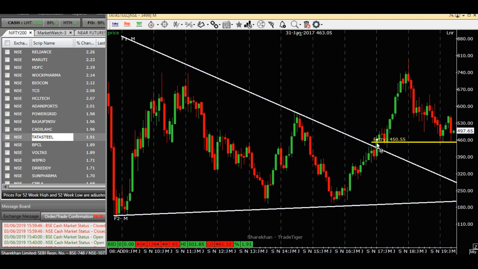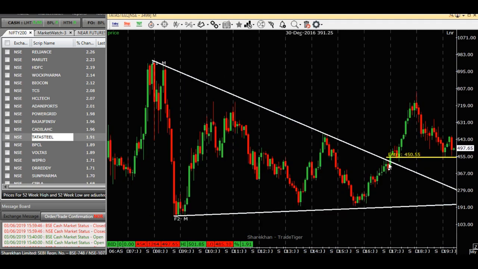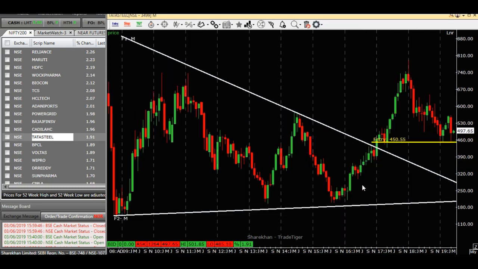Okay, because many times what happens is we tend to get some breakouts, and those breakouts fail. That is because we are randomly entering on the break of the trend line. Okay, so as per technicals, there are precise ways to take entries where we get precise levels that I will buy only above, let's say 450 in this case.